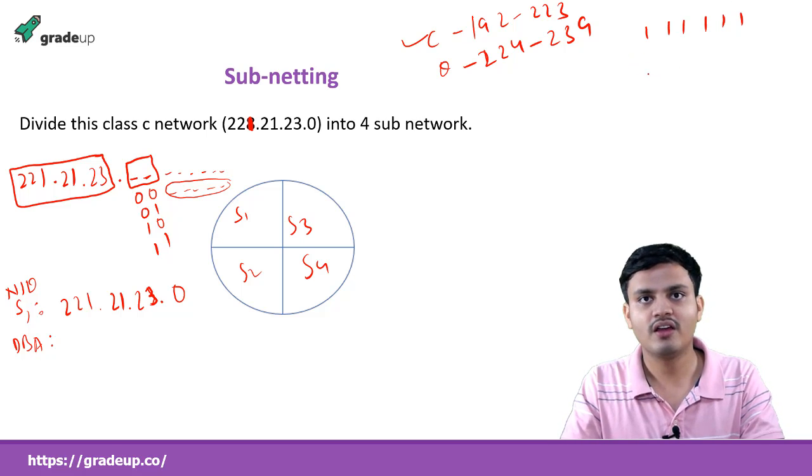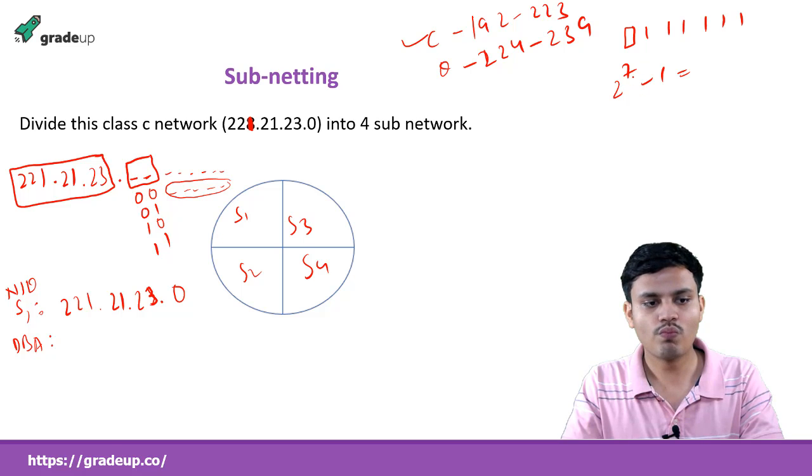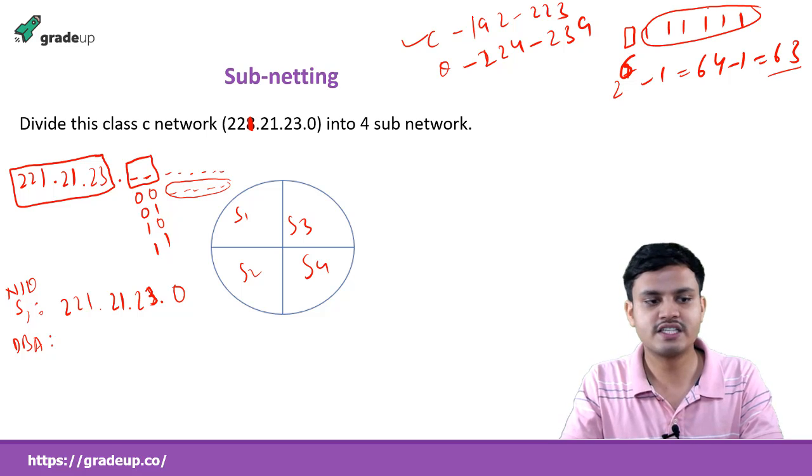You can either use a formula, or assume this is the 7th: 2 power 7 minus 1. Actually this will be 2 power 6, because it is starting from 0, 1, 2, 3, 4, 5, 6. So this will be 2 power 6 minus 1. 2 power 6 is 64, minus 1 it will be 63. So these all ones are 63.